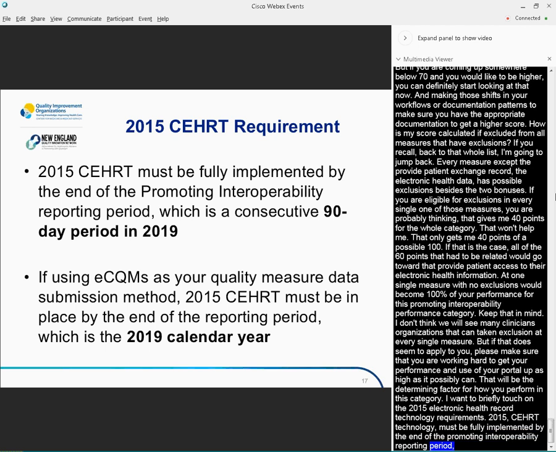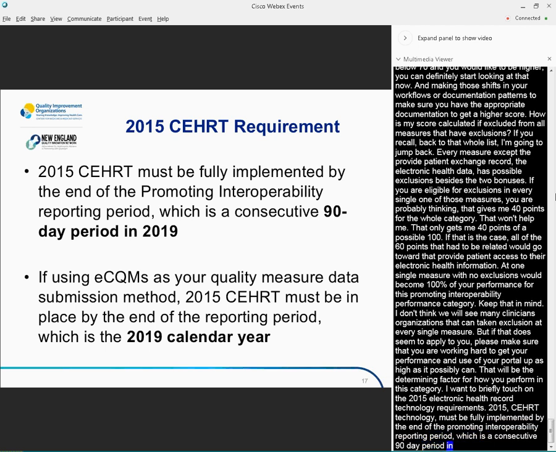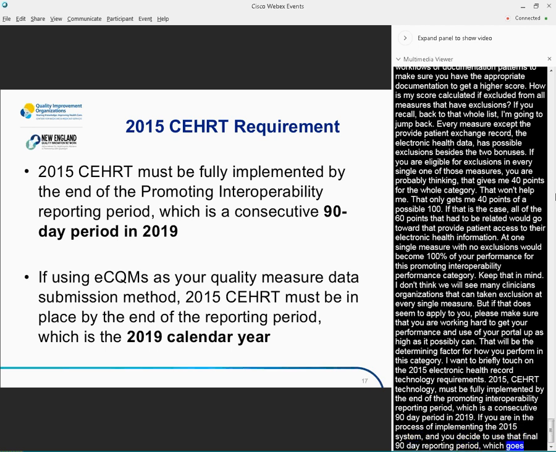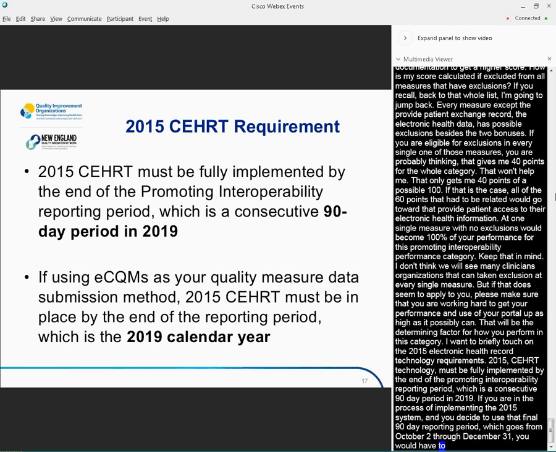So if you are in the process of implementing the 2015 system and you decide to use that final 90-day reporting period, which again goes from October 2nd through December 31st, you would have to make sure that your 2015 certified system is in place, fully implemented, ready to go by December 31st.